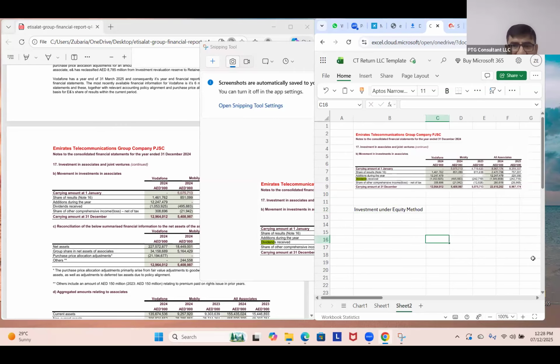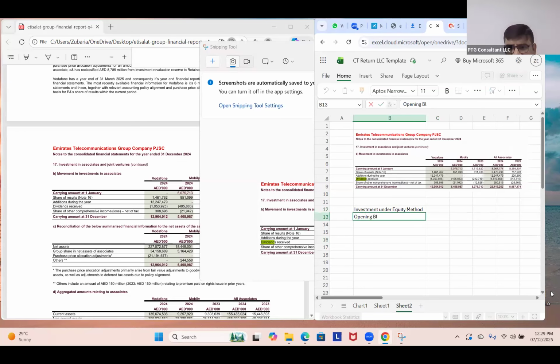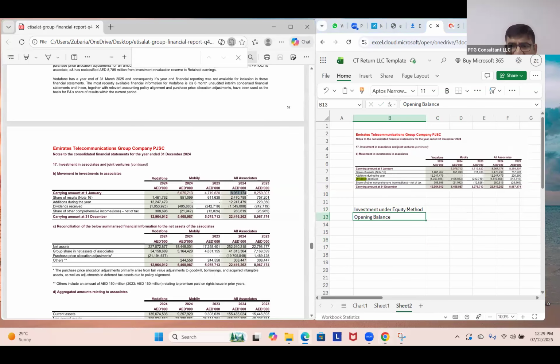Here you can write below the opening balance. Below. So how much is the opening figure? The 8.9 million or so. The same screenshot is given.